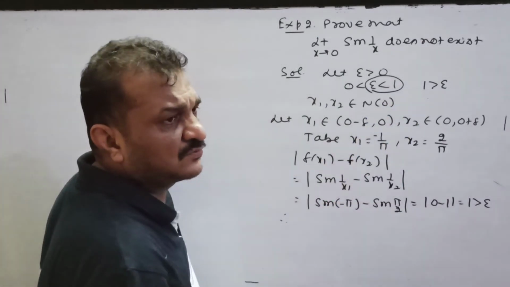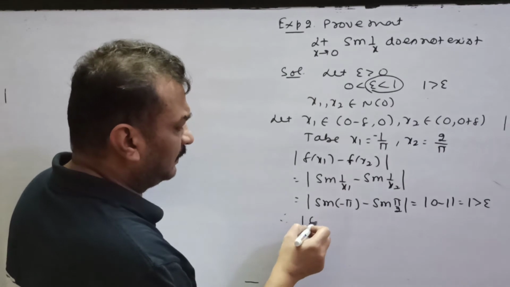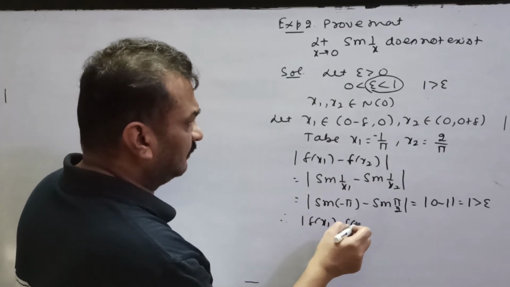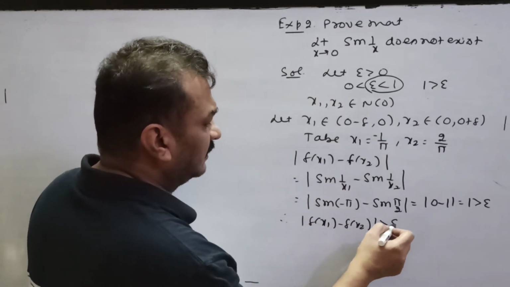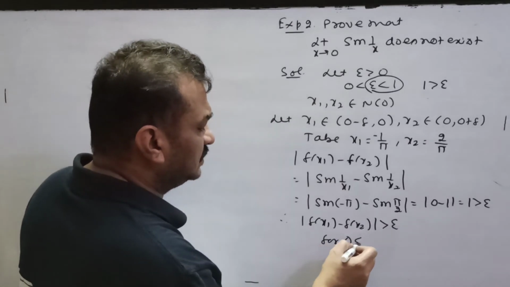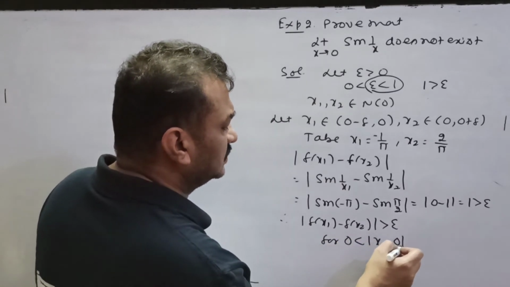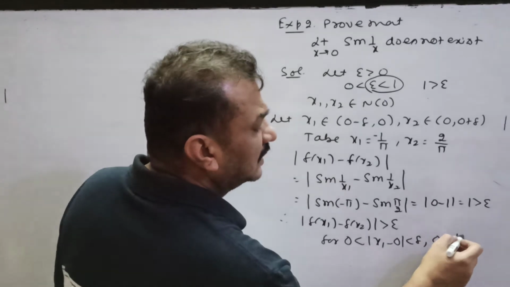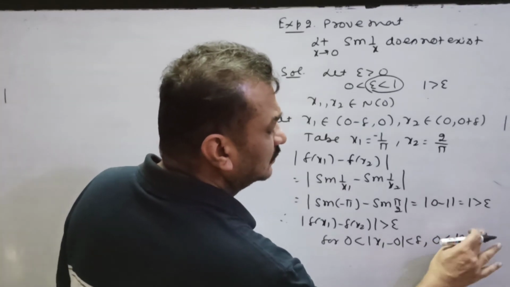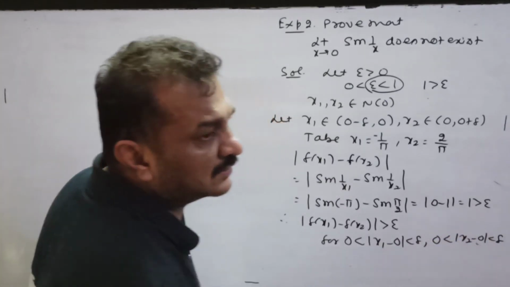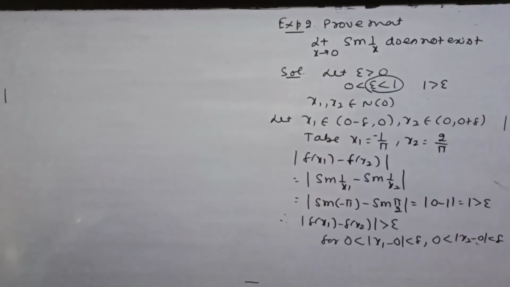Because epsilon is a very small quantity, |f(x1) minus f(x2)| is greater than epsilon for 0 less than x1 minus 0 less than delta and 0 less than x2 minus 0 less than delta. Okay beta. Next example.